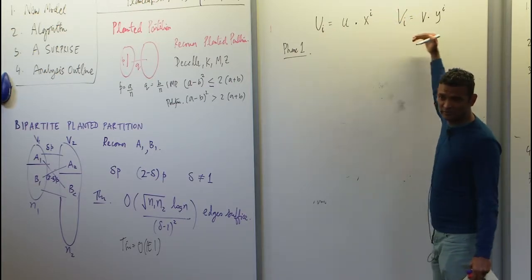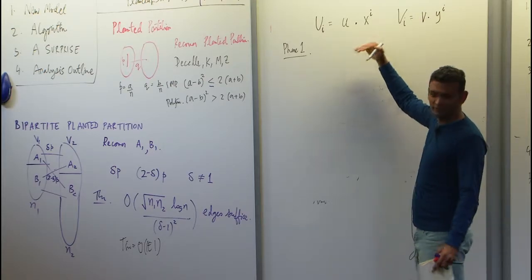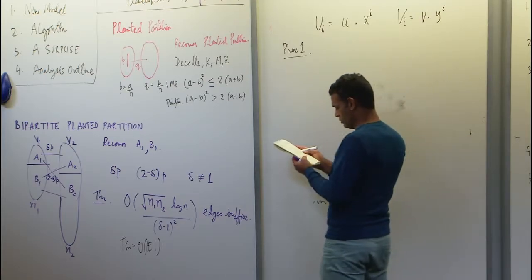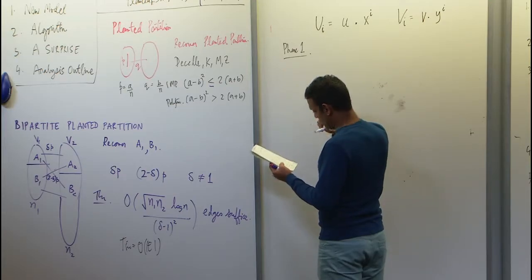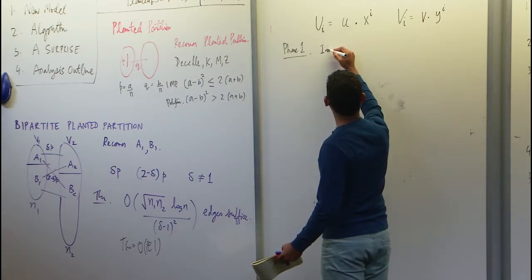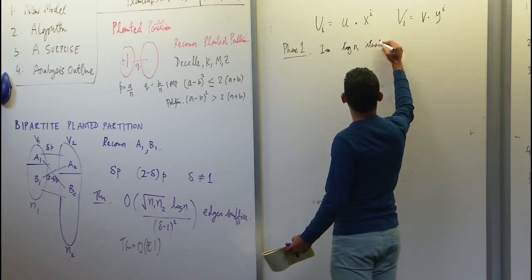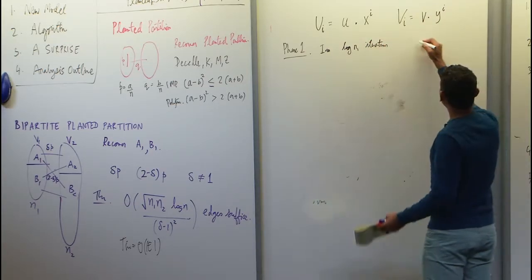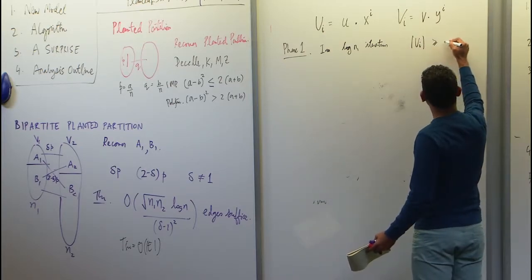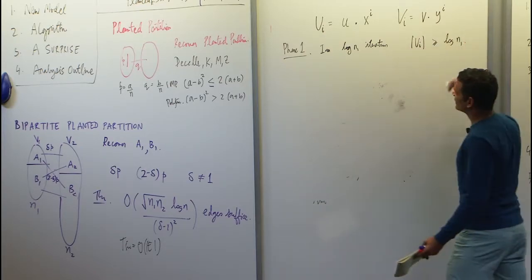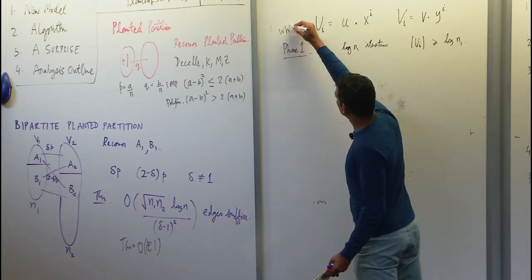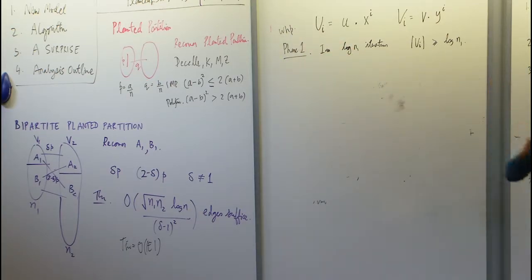So in phase 1 of the algorithm, in log n1 iterations, ui will reach log n1 with high probability. Each of these things is with high probability. Quickly, what you're going to do is that Mi plus 1 is independent of u.